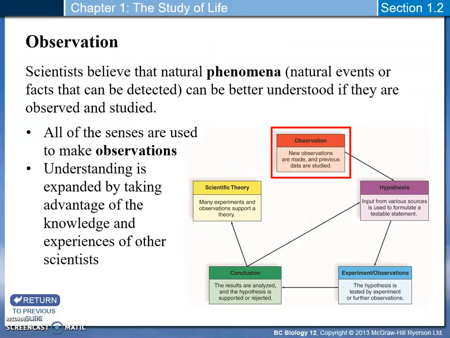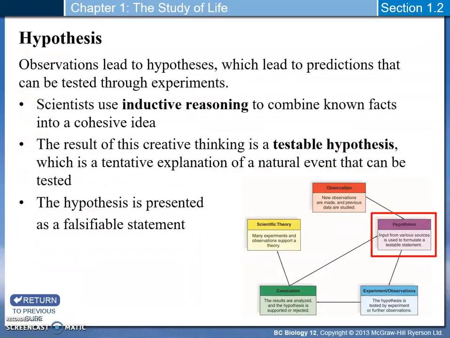So the first part of that then is observation, and that scientists believe that natural phenomena, natural events or facts that can be detected, can be better understood if they're observed and studied. So all of the senses then are used to make observations, all of the senses that we as humans have, and understanding is expanded by taking advantage of the knowledge and experiences of other scientists. And so the sharing of information is absolutely crucial to this process as well.